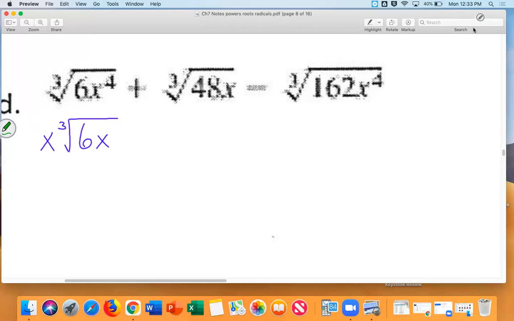Let's break this down, okay? Can we break down 48? What number is going to 48? 2 and 24. What number is going to 24? 4 and what? 4 and 6. 4 is easy, 2 and 2. 6 is easy, 2 and 3.